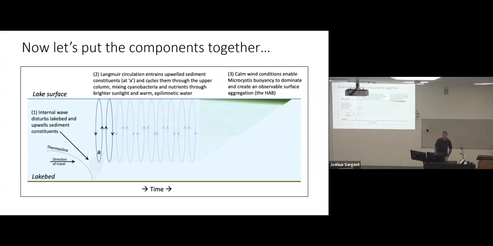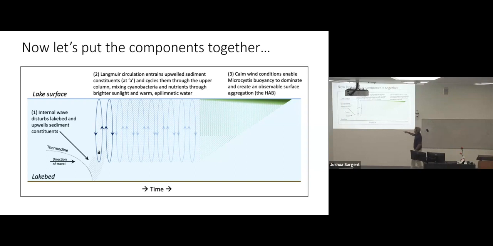So putting these components together, what we saw in 2018 was that we had a three-part sequence of events. First, we had an internal wave disturb the lake sediments and upwell sediment constituents. As I said, definitely phosphorus in the sediments and probably a lot of inactive cyanobacterial cells.